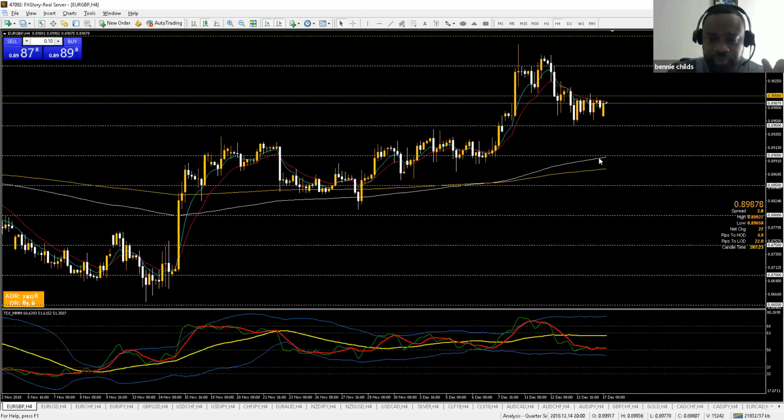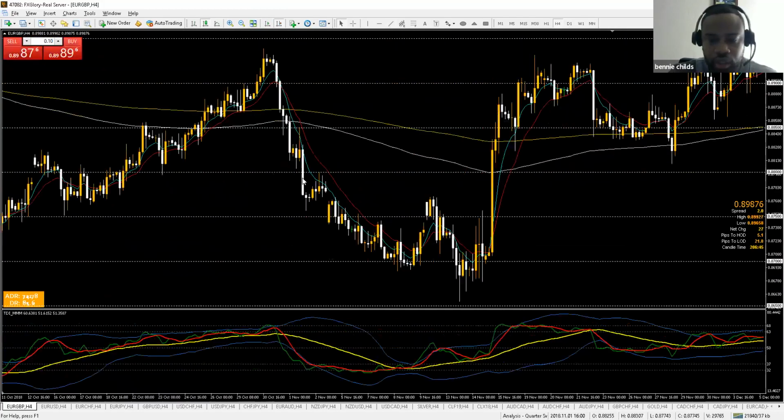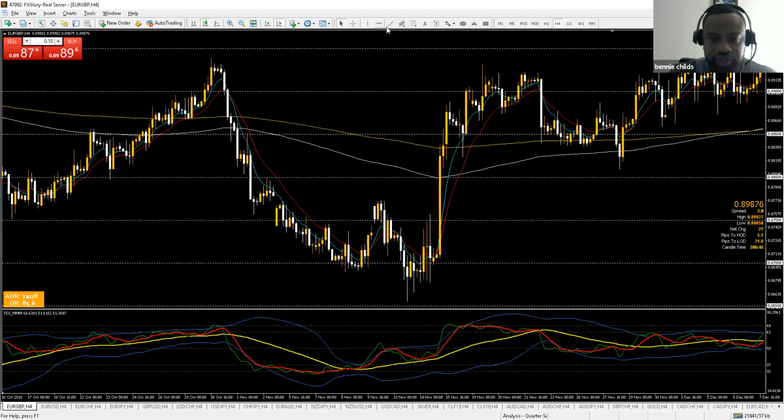These are basically what I call our trend moving averages. Whenever the market is above the 400 and the 200, you see how the market itself is making a general move upwards. But whenever the market is below the 400 and 200, you see it generally moves downward.